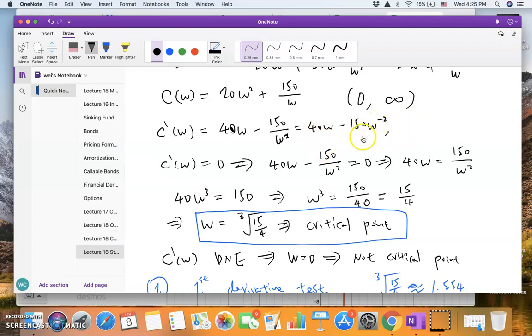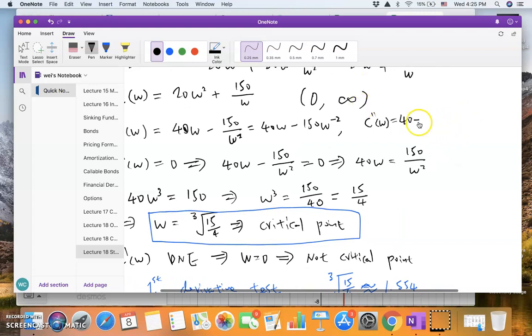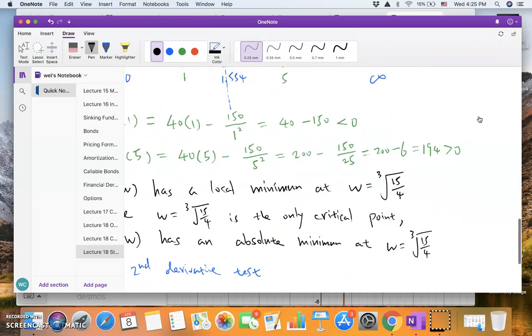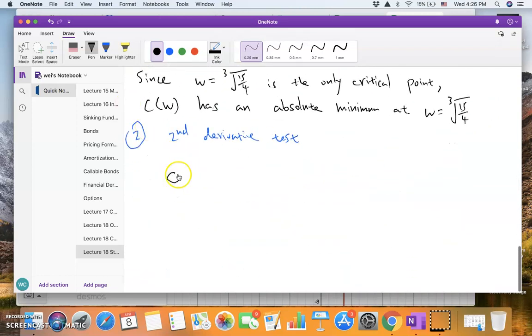The second derivative of the function is 40 minus negative 2 times 150 times w to the power of negative 3. So it's 40 plus 300 times w to the power of negative 3.